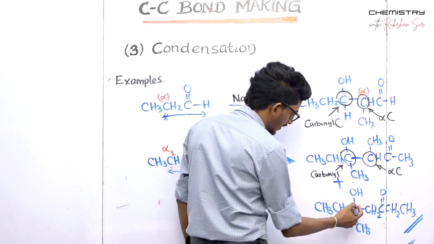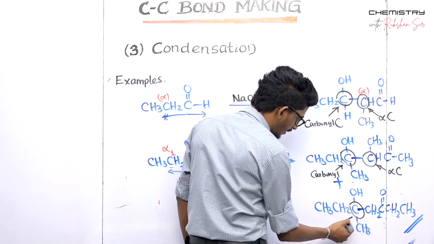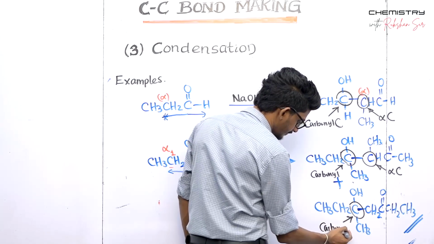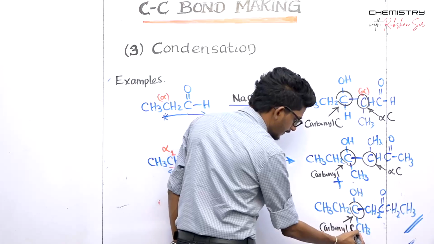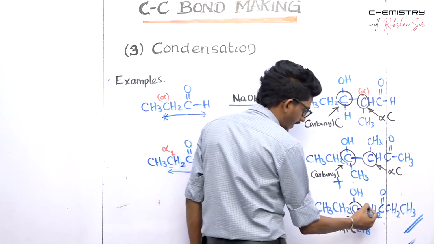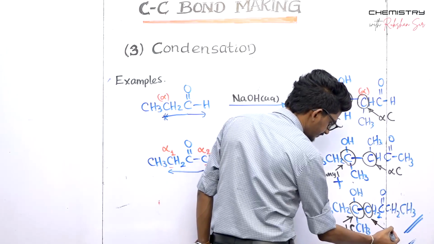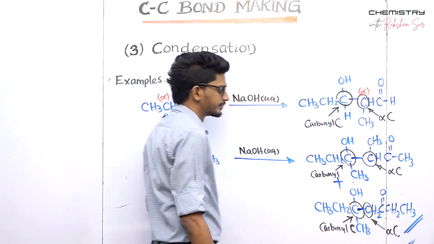First write the compound, right? And to the carbonyl carbon, your alpha carbon is connected. That is the connectivity for our conversions.